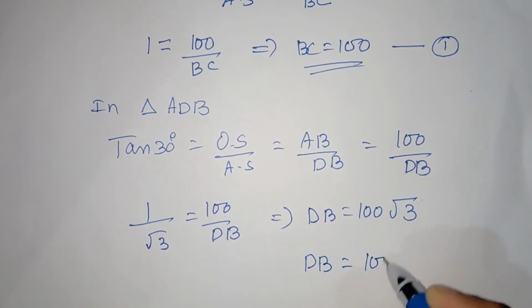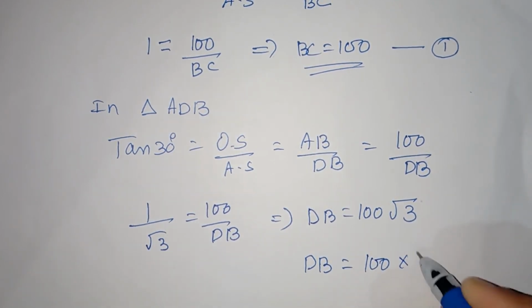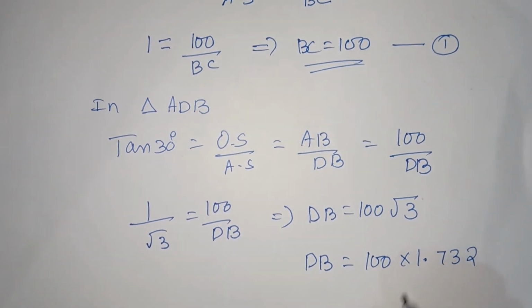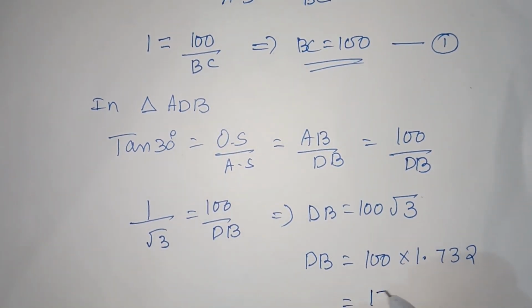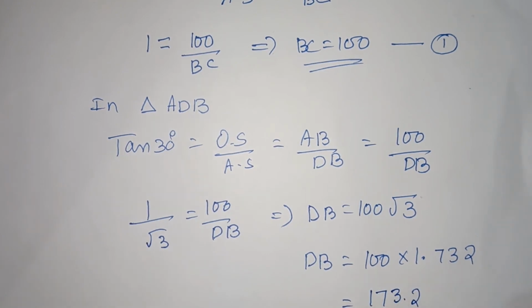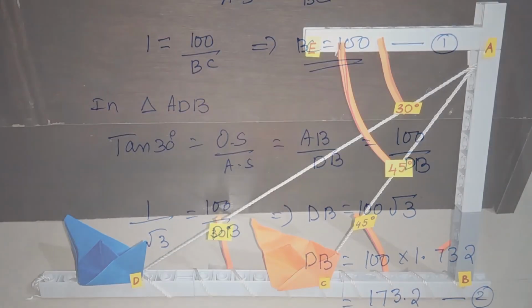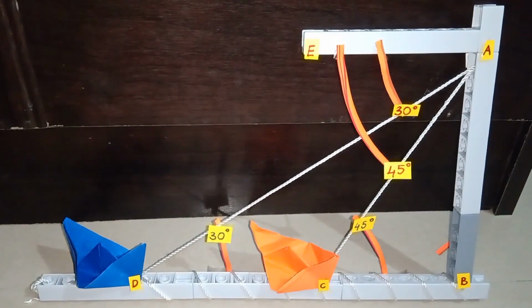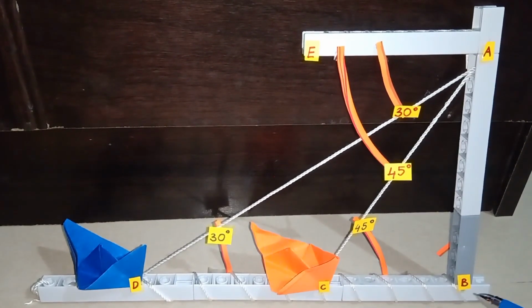We know the root 3 value is 1.732. 100 into 1.732 is 173.2. To find the distance between the ships CD, we need to remove length BC from the length DB.